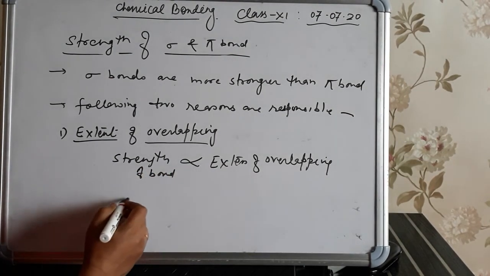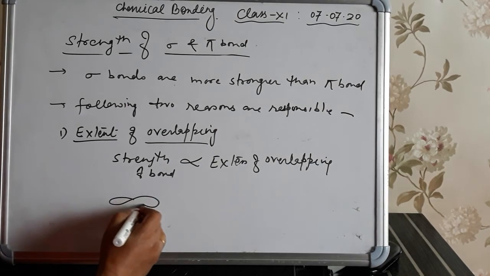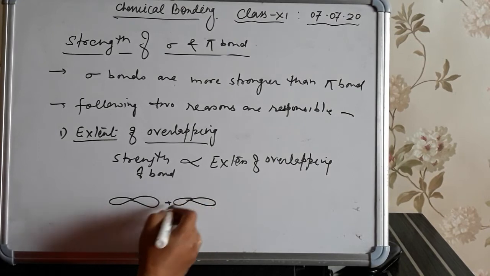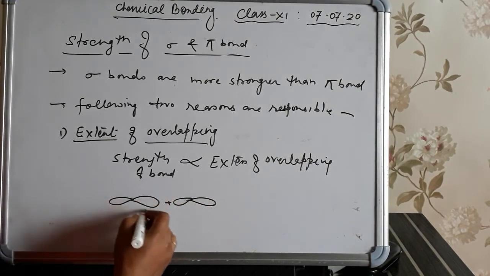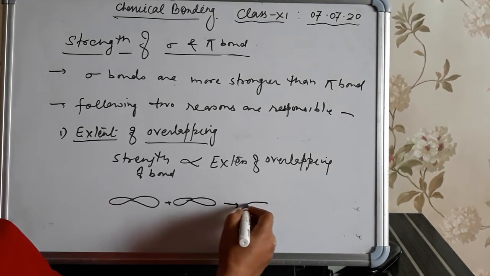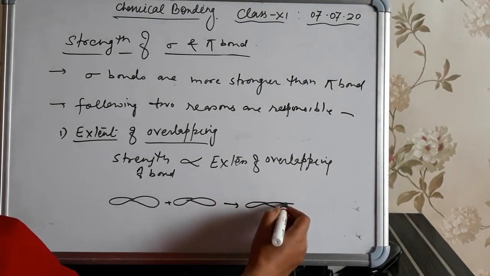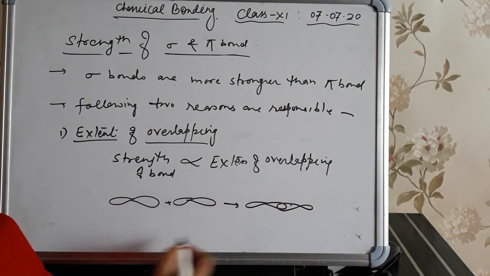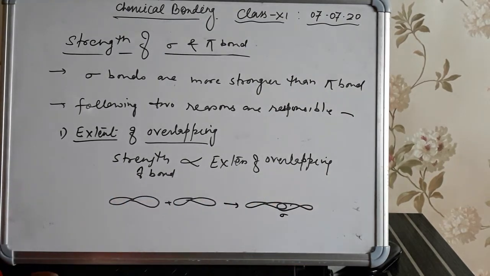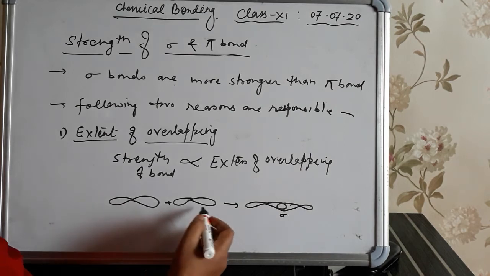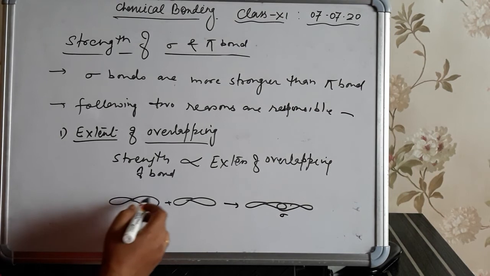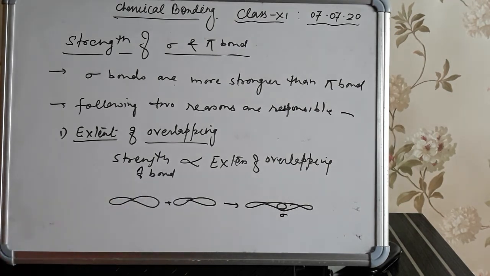So students, when overlapping takes place along the internuclear axis, a large extent of overlapping takes place. In this condition, the bond formed is stronger because a larger extent of overlapping takes place whenever internuclear axis overlapping takes place.